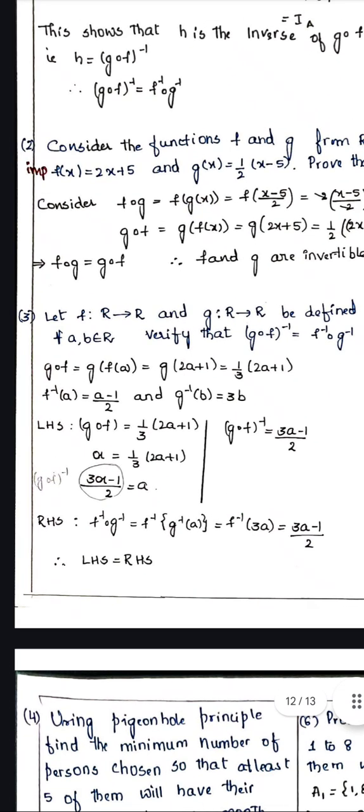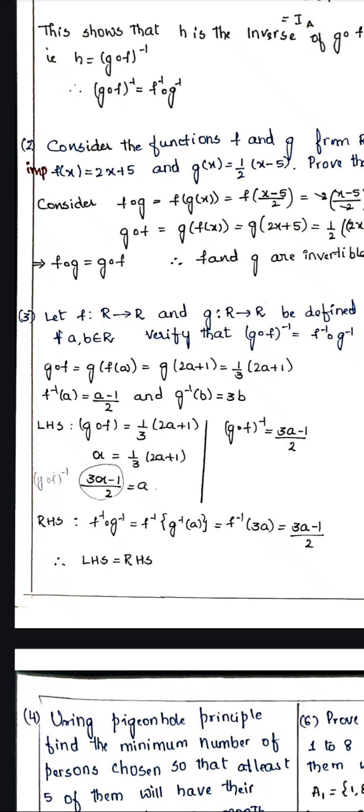g of f we have got as 1 by 3 into (2a plus 1). Since there is 2a, we will consider g of f as a. Then (3a minus 1) by 2, that will become a.